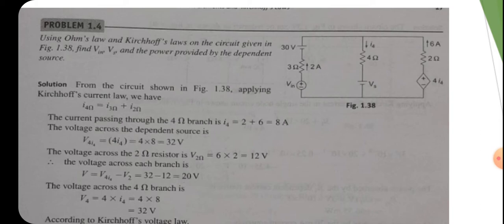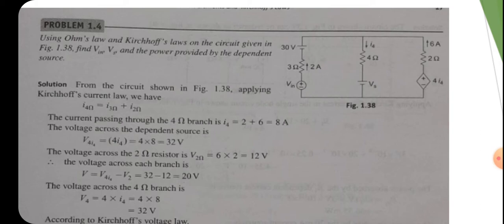Next you are asked to find out V in and Vs. These two are voltage sources, and before that you can find one thing: it is given that the 3 ohm resistor has current through it of 2 ampere.